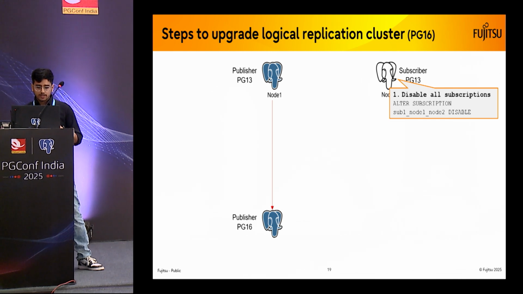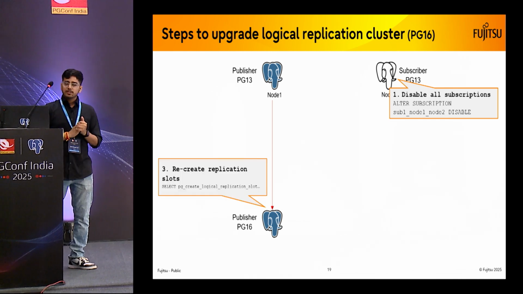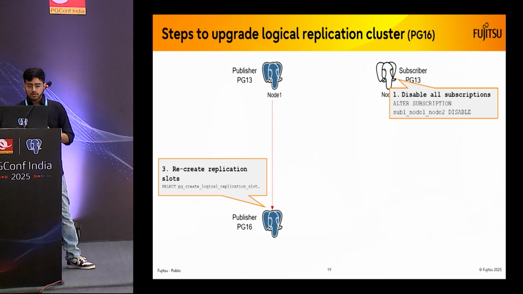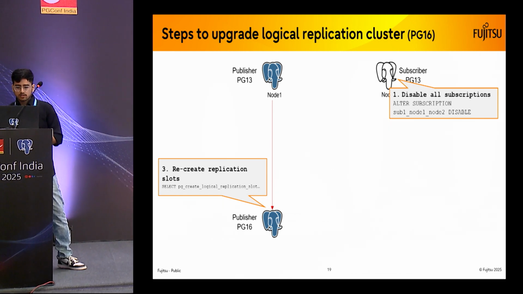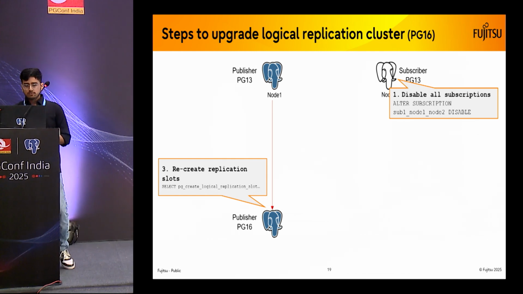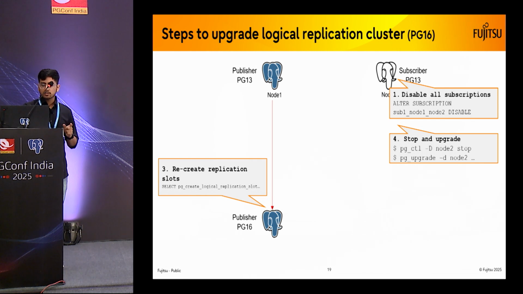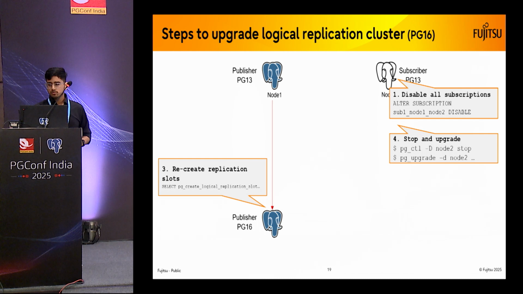After upgrading node 1, we will recreate the replication slots, because there is a limitation till PG16 that the replication slots are not migrated when the publisher instance is upgraded. Then we stop and upgrade node 2.